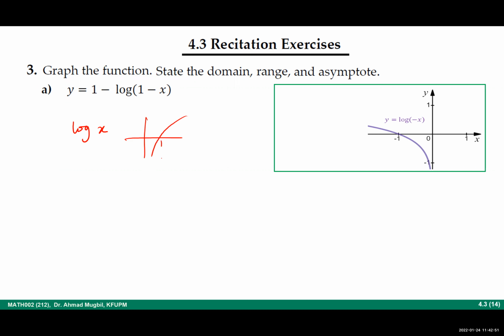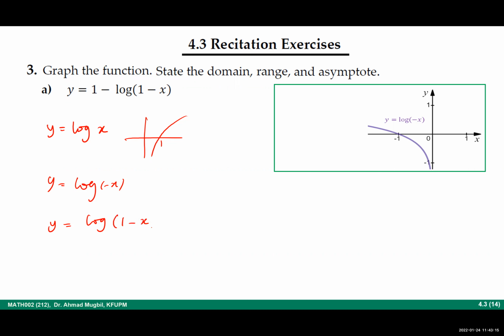Then go to the graph of y equals negative log x, and this is what we have. You will reflect it in the y-axis. Then what? Now the mistakes come here. What you need to do is follow the order of operations. Don't forget that. Start from inside to outside.